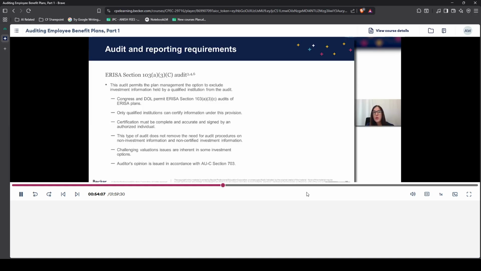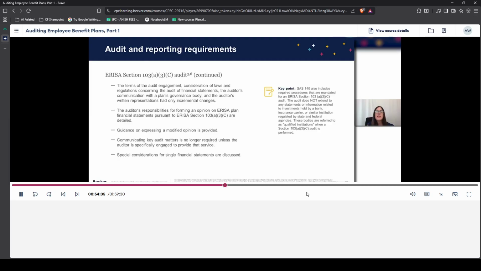Now, the ERISA Section 103(a)(3)(C) audit is still fairly new. This came about as a result of rule and regulation changes by Congress and the Department of Labor allowing and accepting 103(a)(3)(C) audits. But AUC Section 703 is where you'll find additional information related to the auditor's opinion in accordance with an ERISA Section 103(a)(3)(C) audit.